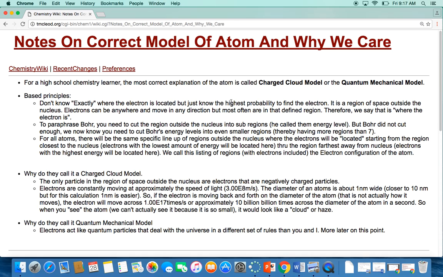So if you assume it's 1 nanometer, in 1 second the electron will have gone across the atom 10 to the 17th times, which is about a hundred million billion times. If you go across the atom that many times in 1 second, it looks like you're everywhere. That's why it's called a charged cloud model.